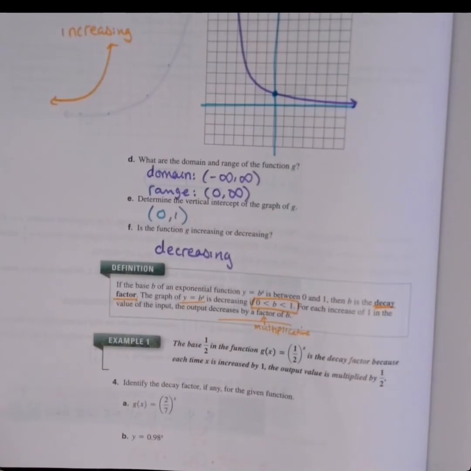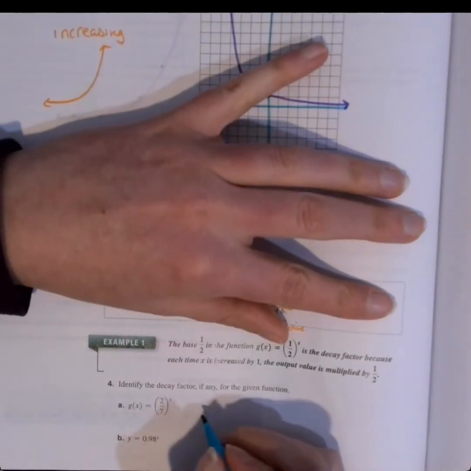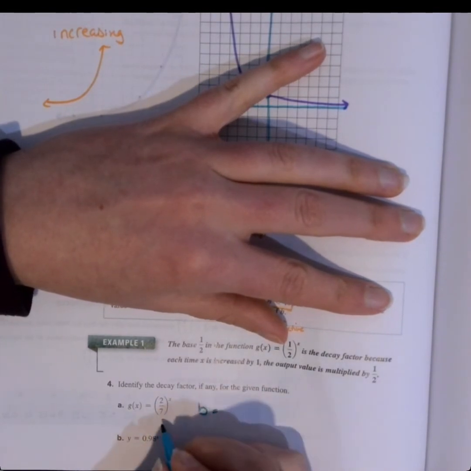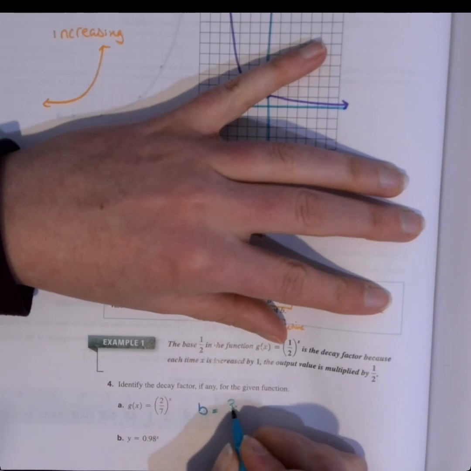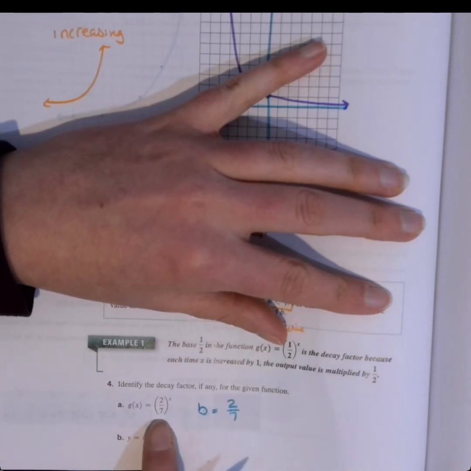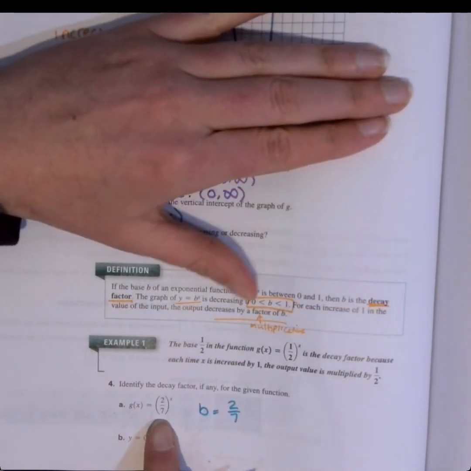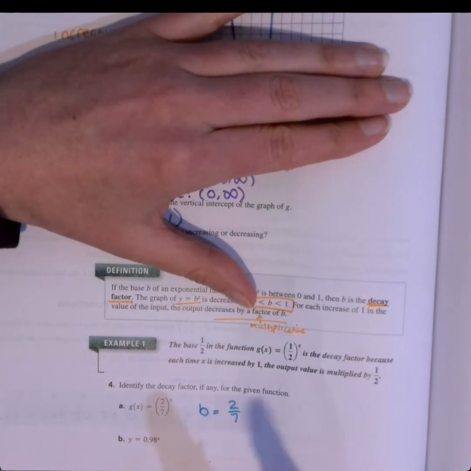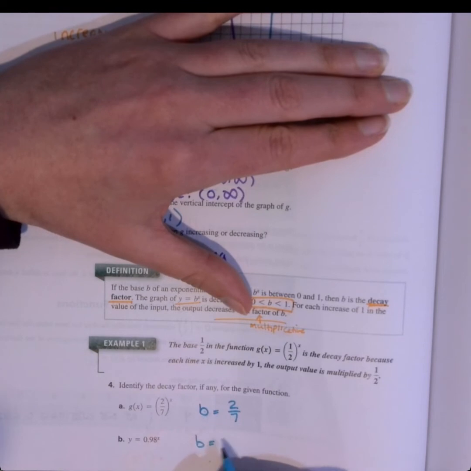All right, and we're going to identify our decay factors, if any. Okay, so my decay factor for this first one, the base of the exponential function here, is 2/7. As long as this number is smaller than 1, it's a decay factor. So my decay factor is b, and it's 2/7. The decay factor for this next one is 0.98.